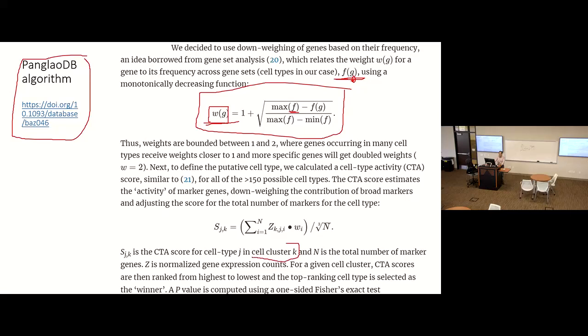Say cell cluster K, and cell cluster K belongs to cell type J. For each cluster of cells, I will assign values for this cluster to be cell type 1, 2, 3, until J. So if I have 128 different cell types in my database, I will assign 128 different numbers for a cluster of cells.